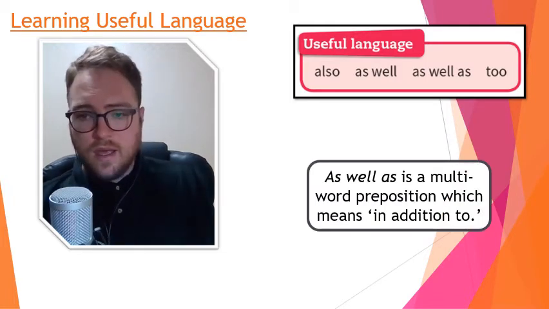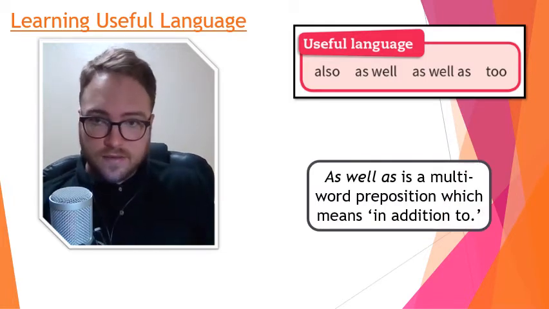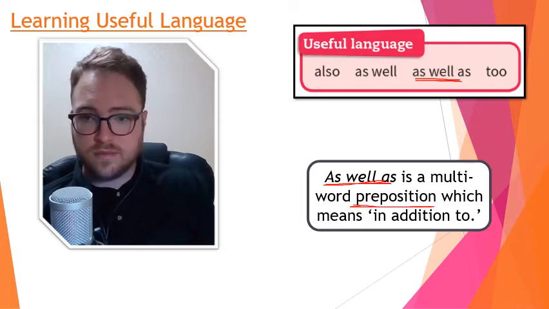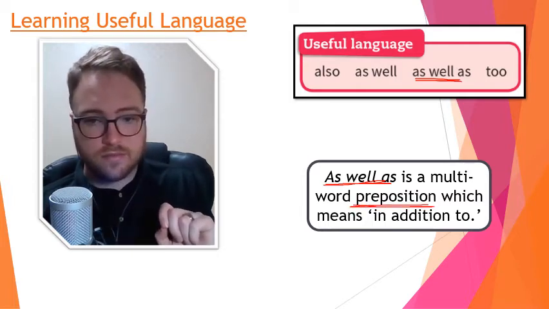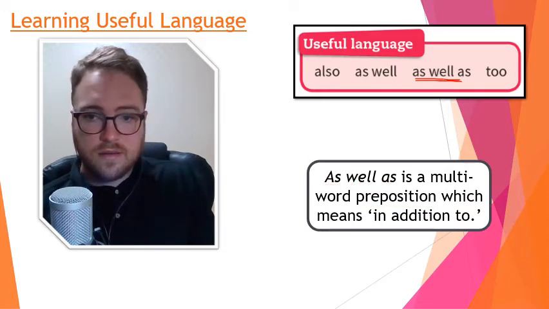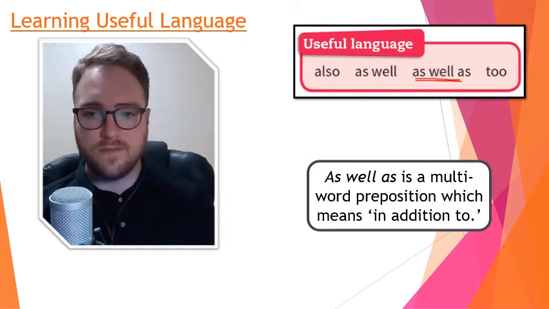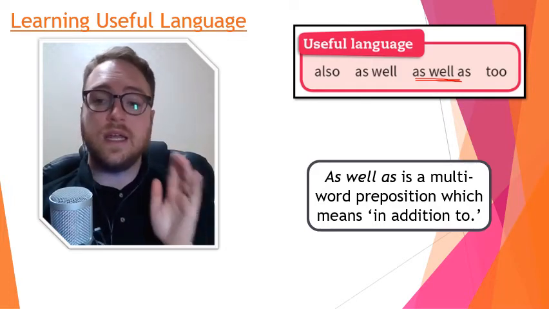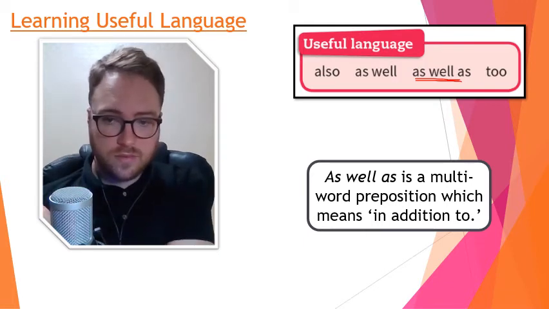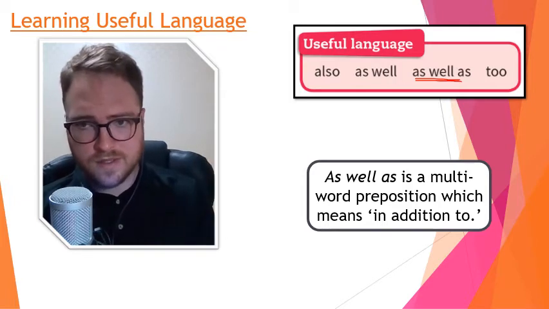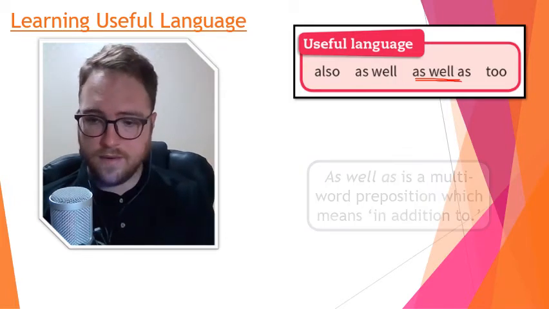Now, "as well as", okay, this word here, "as well as", is a preposition, not an adverb. Okay? It's a preposition. So, "as well as" is a multi-word preposition, which means "in addition to". So we use it a little bit differently than the other three words. Okay, how?